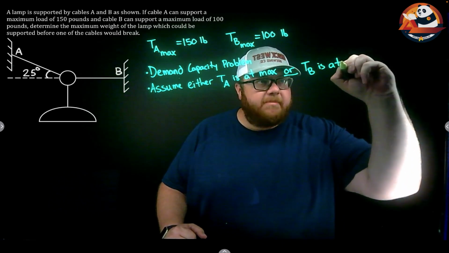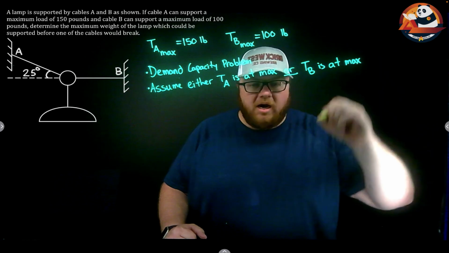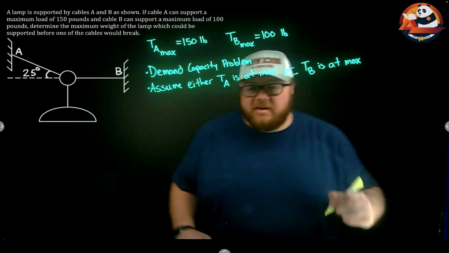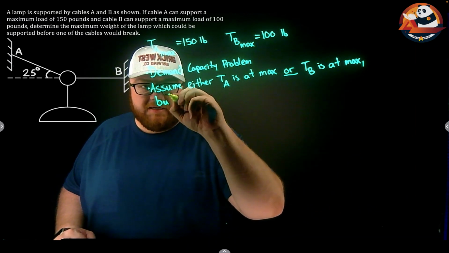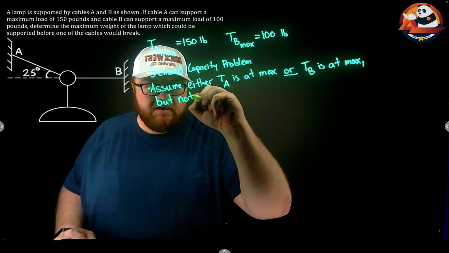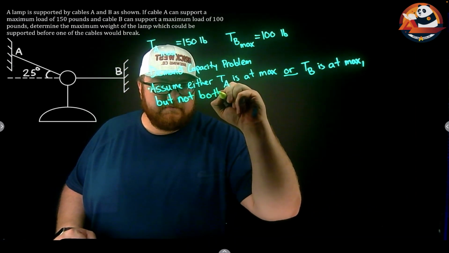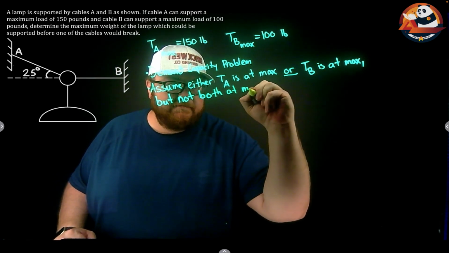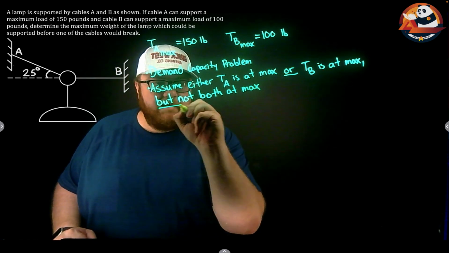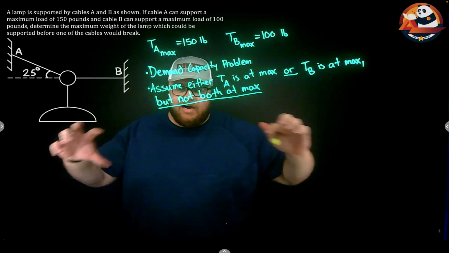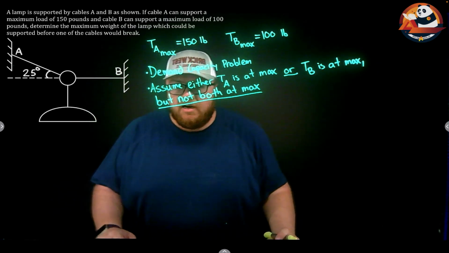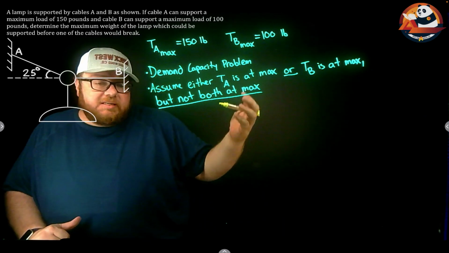But not both at max. One of these or the other will hit the maximum value first, not both of them at the exact same time. So we need to make a guess in here.